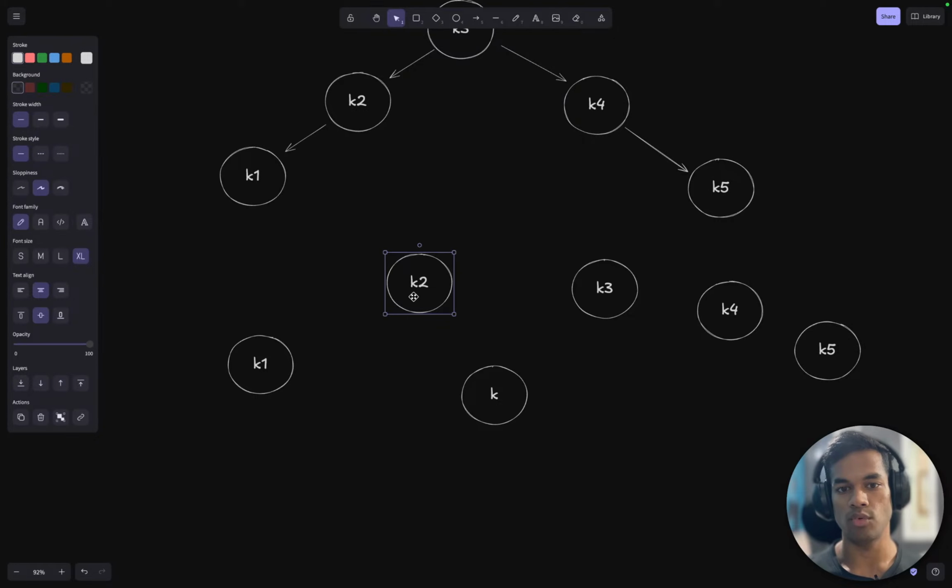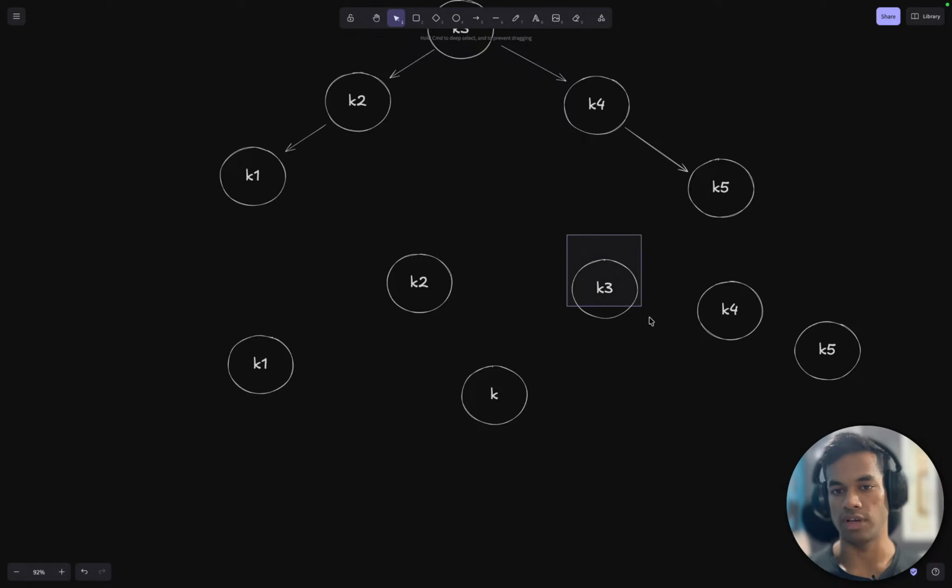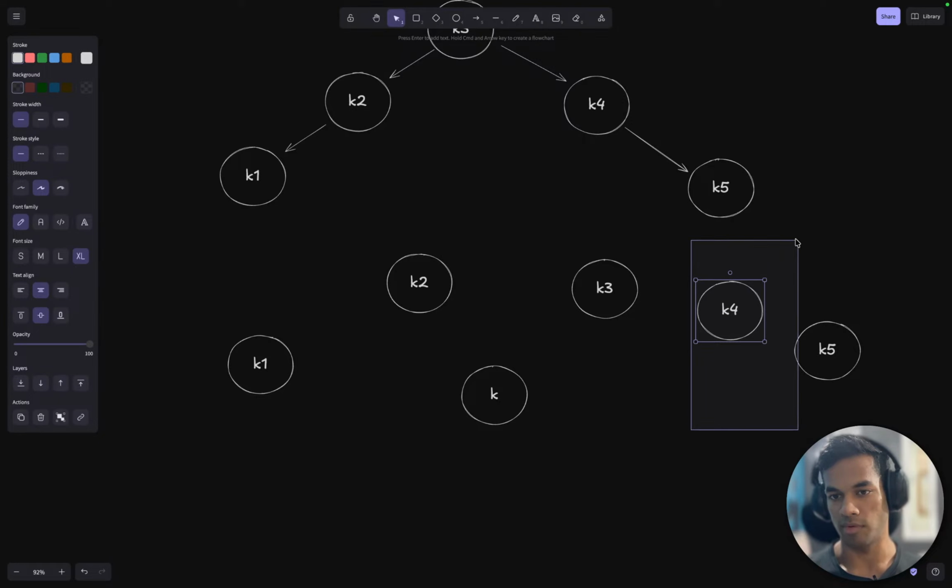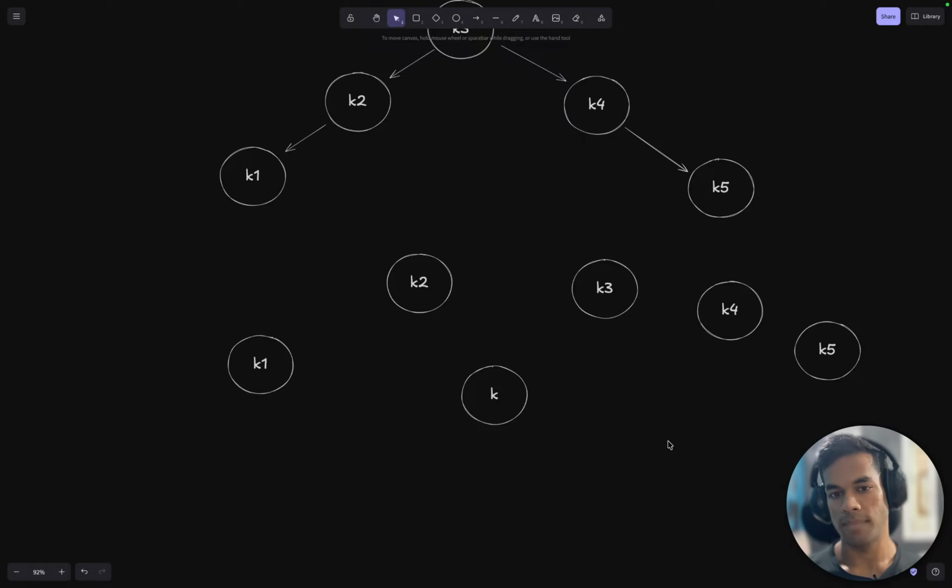When I choose K2 as my root, I will get some optimal value, and some optimal value when I choose K3 as my root, and some optimal value when I choose K4 as my root. And that is cool.